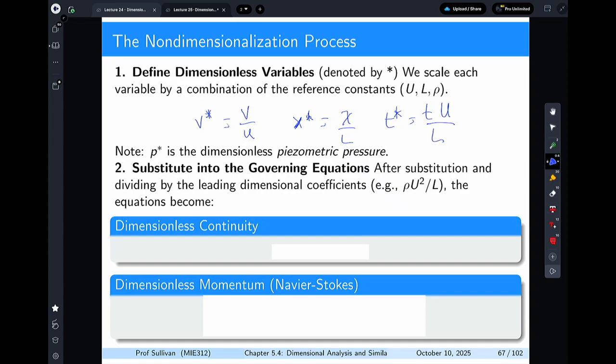So if you've got meters per second divided by a length, you have inverse seconds. So that term, T star, actually ends up being non-dimensional. And the most painful problem is pressure, which is pressure plus rho g z over rho U squared.